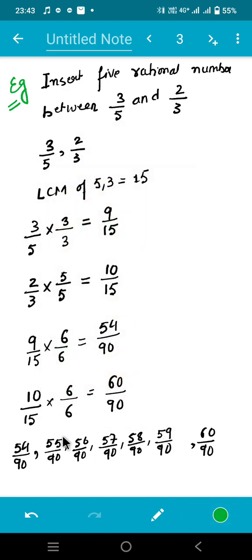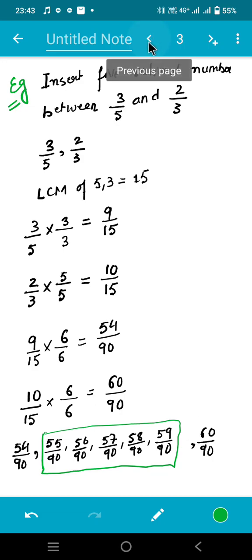So these are the required rational numbers. Fine. So as you see, this will carry 2 marks. Very important question. So these are the types of how you insert more than one rational number between the two given rational numbers.